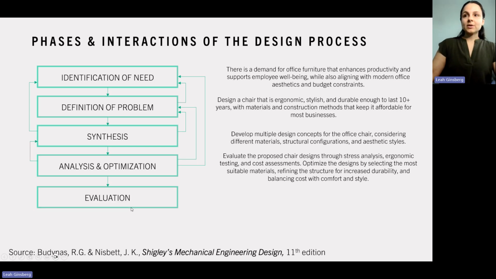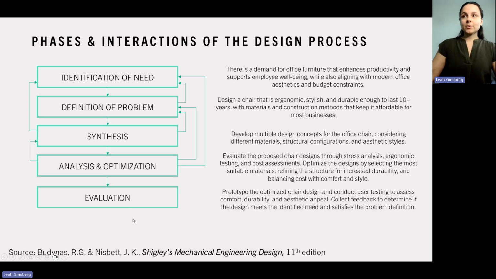And once we're satisfied, we move on to the evaluation step. In this step, we're going to prototype the one design that we've identified as being the optimal, and then we'll use that prototype to conduct user testing, assessing the aspects of our problem that we identified in the earlier steps.